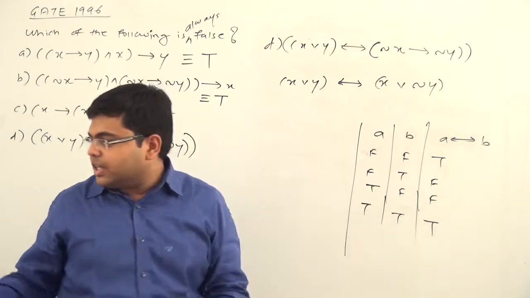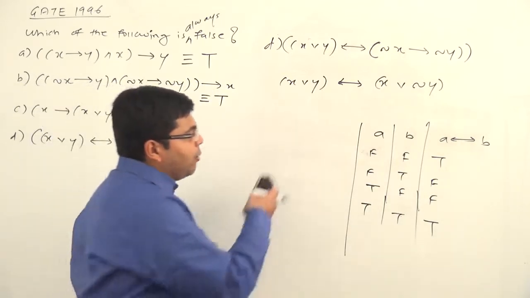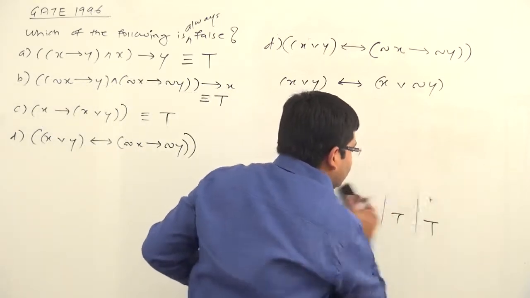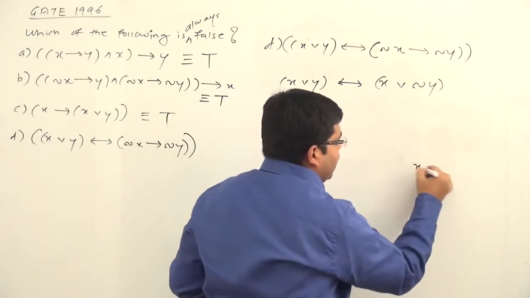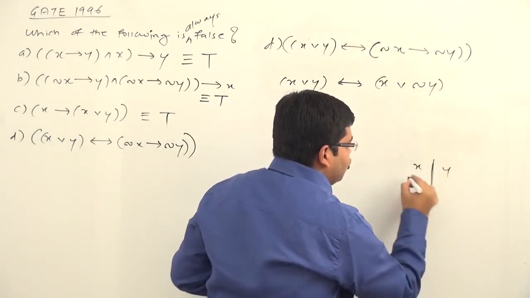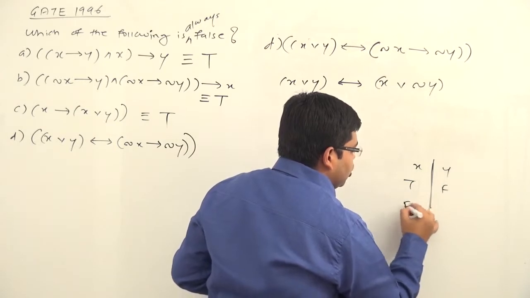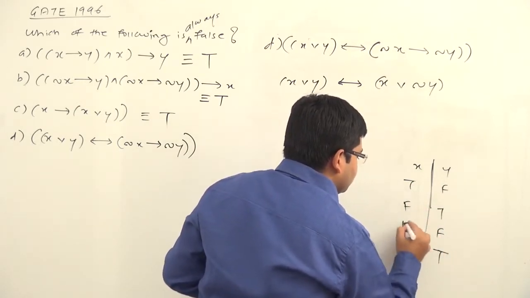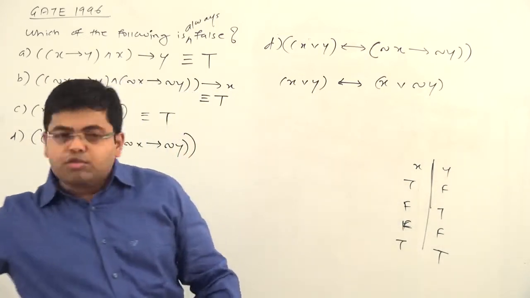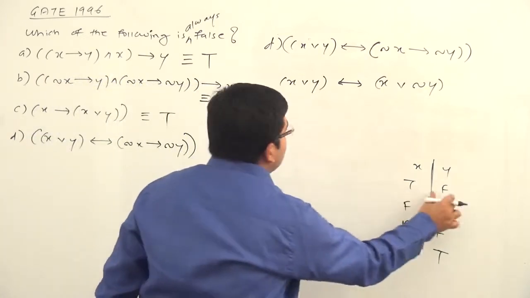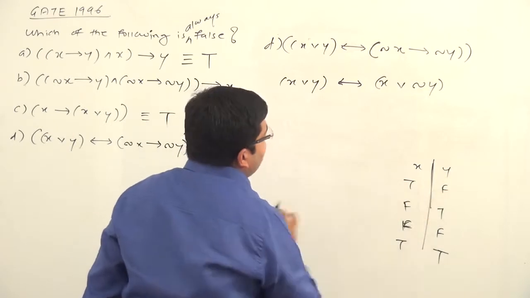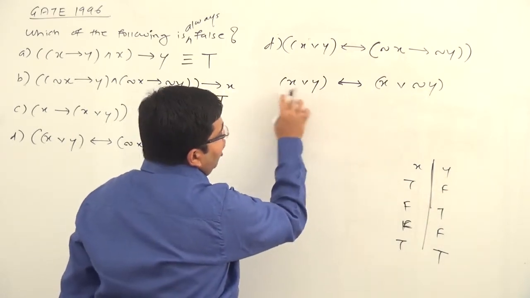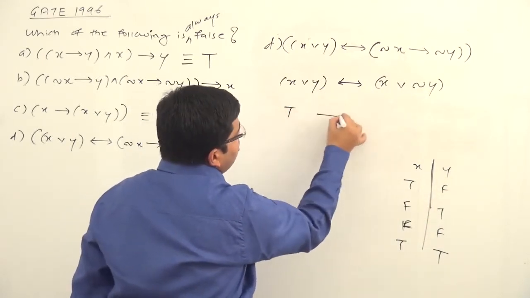Let us try to assign some combination for x and y. We have got 4 combinations for xy: true false, false true, false false and true true. First of all let us apply true false. This will become true or false, that is true.